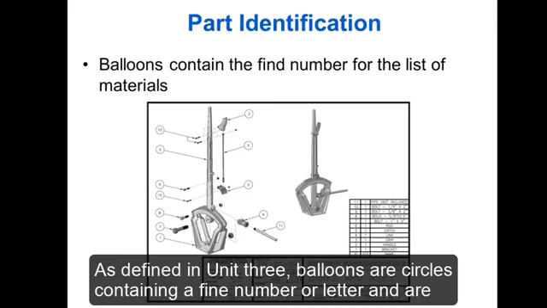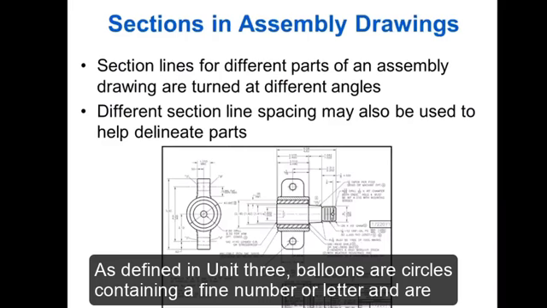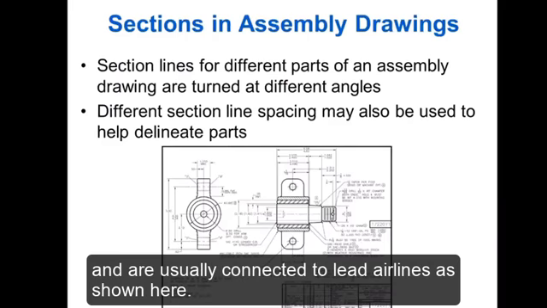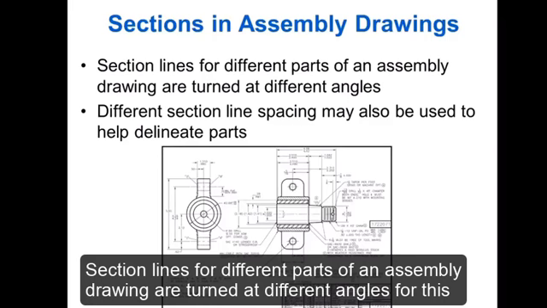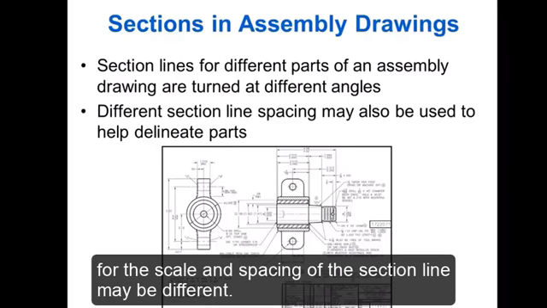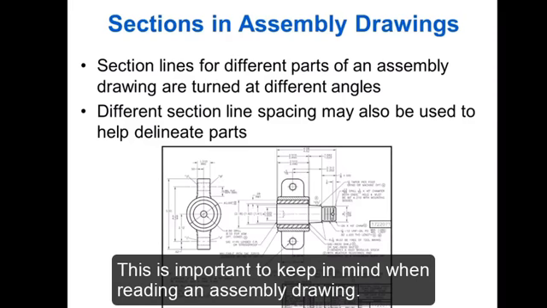As defined in Unit 3, balloons are circles containing a find number or letter and are usually connected to leader lines as shown here. Section lines for different parts of an assembly drawing are turned at different angles, or the scale and spacing of the section lines may be different. This is important to keep in mind when reading an assembly drawing.